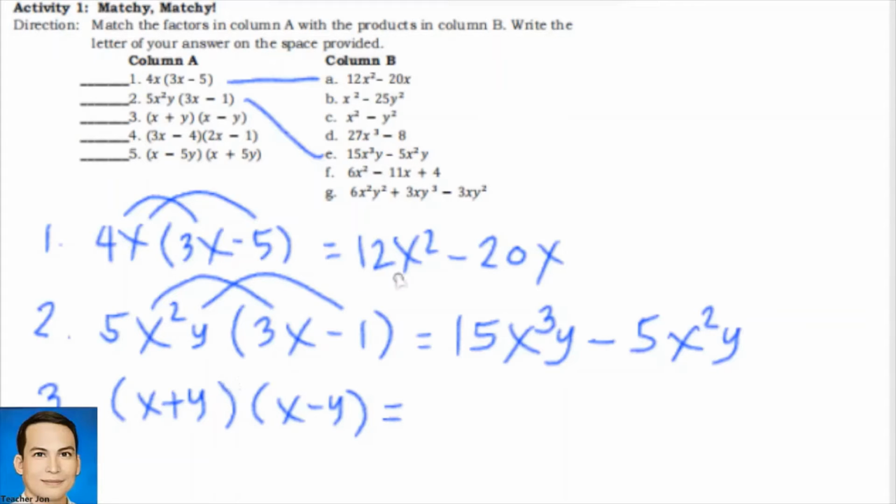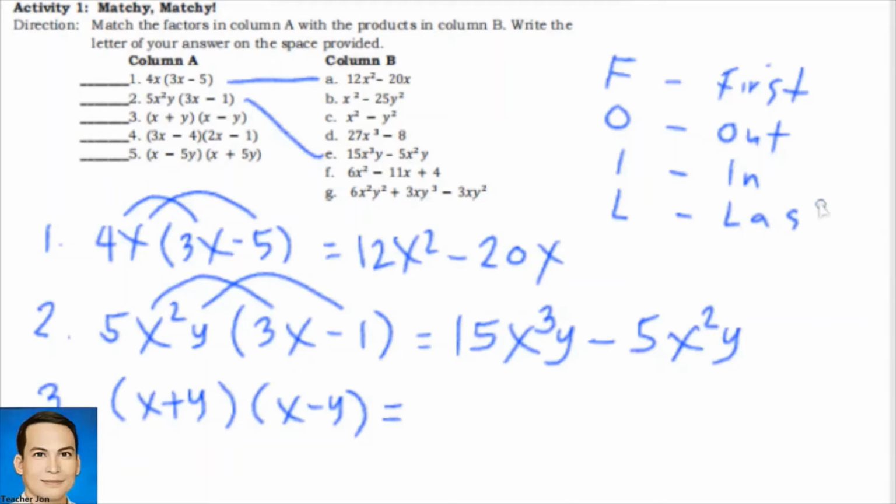Okay, FOIL method, what does this mean? F stands for first. O stands for out, or we can call it outside or outer. And I for in, meaning in, inner, or inside. And L for last or the last terms.